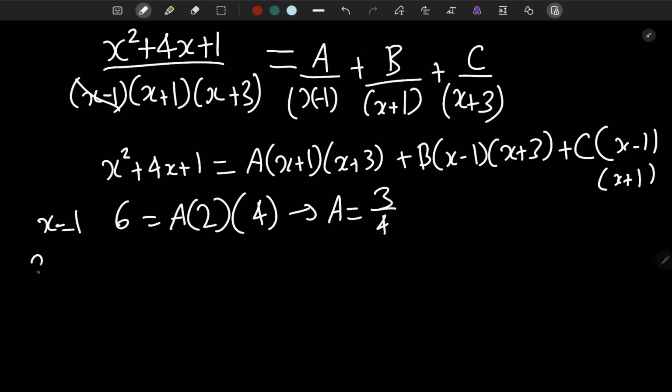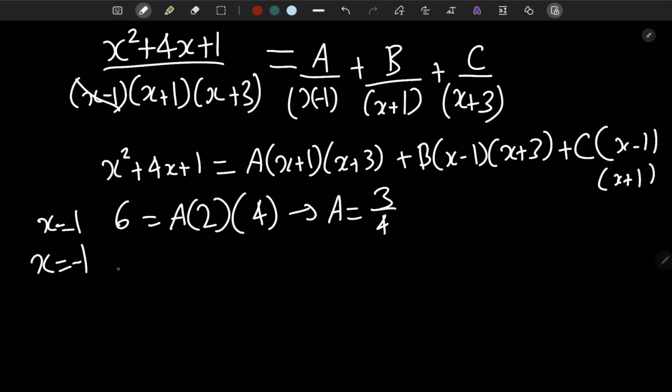Let's substitute x as negative 1 now. So these two are going to be 0, this one and this one. So we'll only be left with the b part here this time.